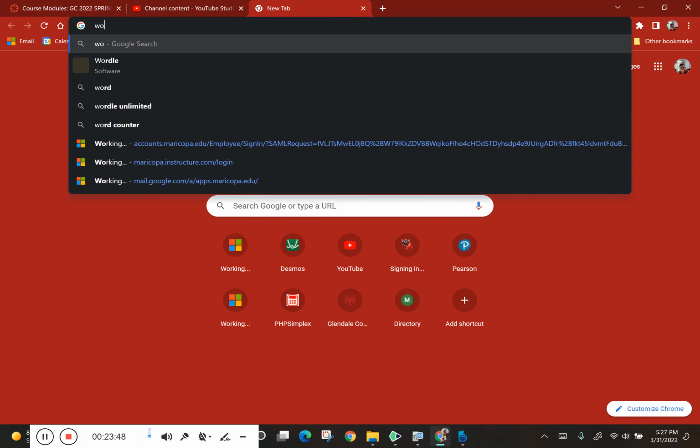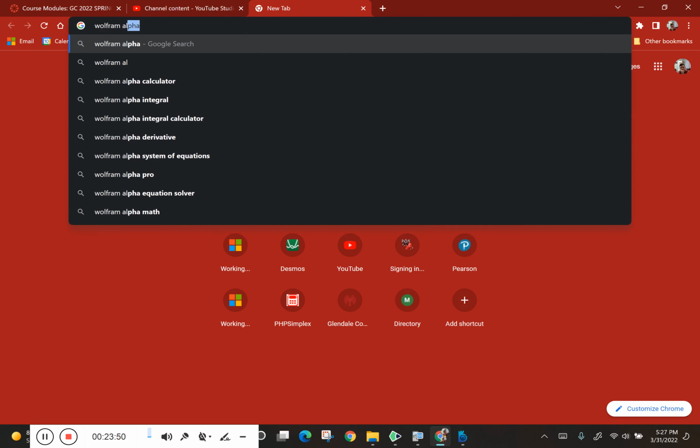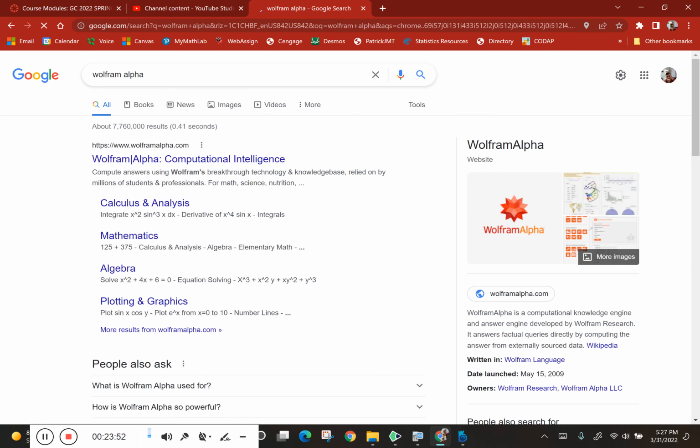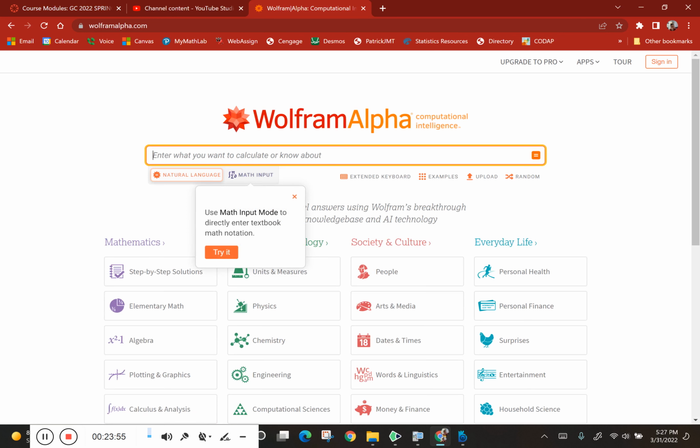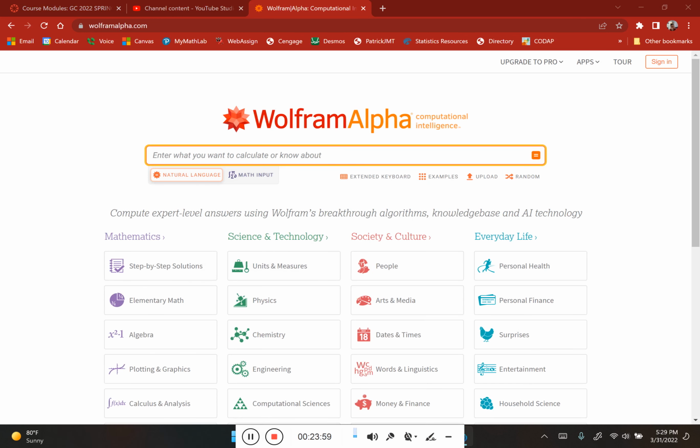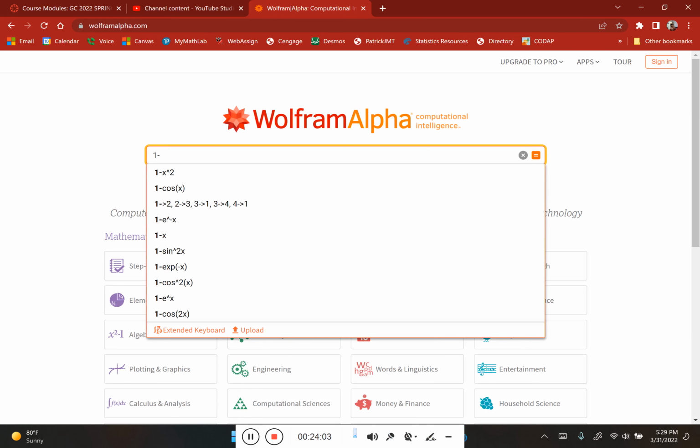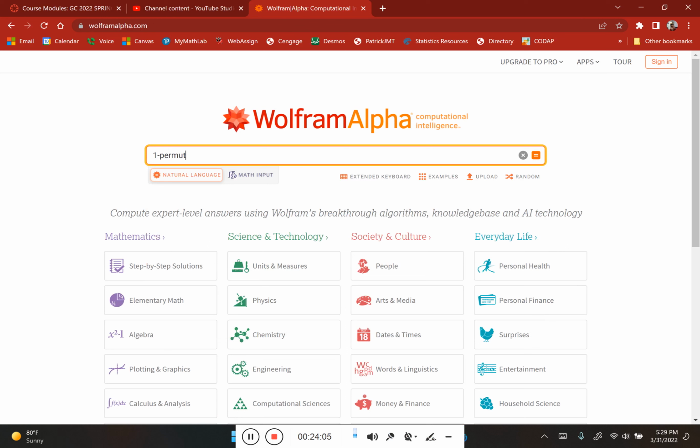I'm going to have to go online and find a bigger calculator. So I'm going to go to Wolfram Alpha, and I'm going to use their computational intelligence. All right, so what do I want to calculate? I want to calculate 1 minus the permutation of 365, comma, 44 divided by 365 raised to the 44th.